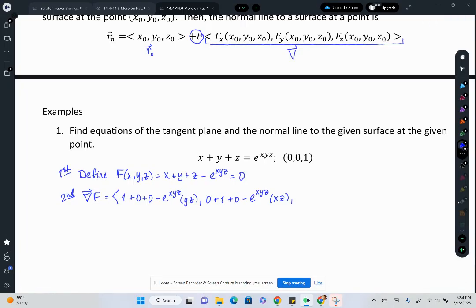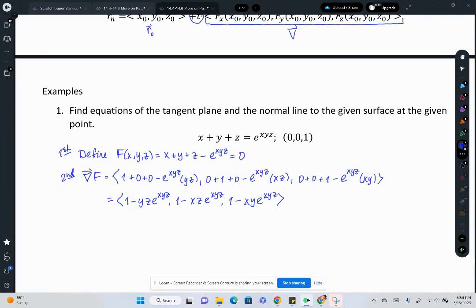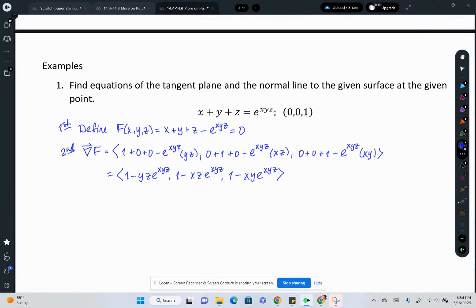Now the first partial with respect to z gives us 0 plus 1 minus e to the xyz times the derivative of xyz with respect to z, which gives us xy. I'm going to simplify this so it looks a little bit better. So this is just 1 minus yz e to the xyz, comma, 1 minus xz e to the xyz, and then 1 minus xy e to the xyz. Okay. Now, third, I need to evaluate this at the point.